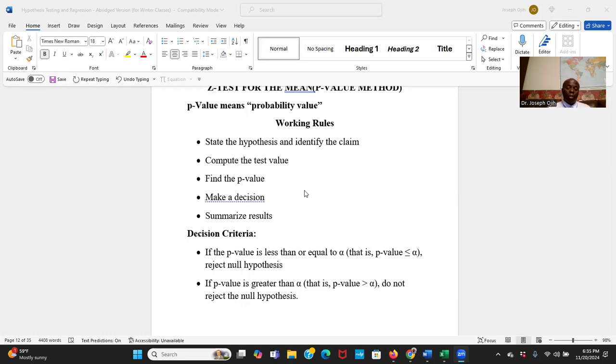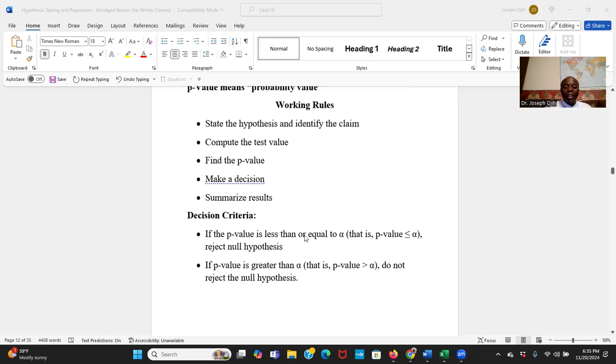If it's less than the critical value, we don't reject H0. In the p-value method, it's the opposite. If the p-value is less than or equal to alpha, we reject the null hypothesis. If the p-value is greater than alpha, we do not reject the null hypothesis.